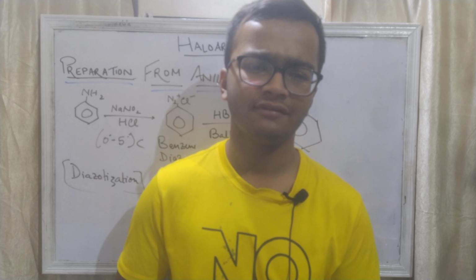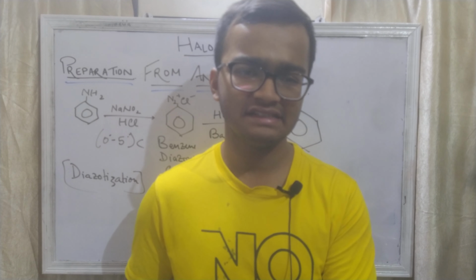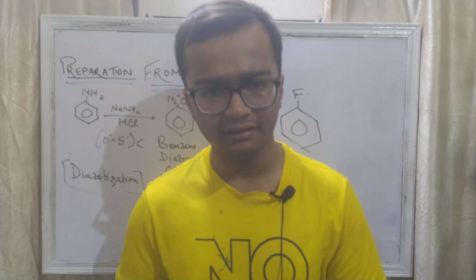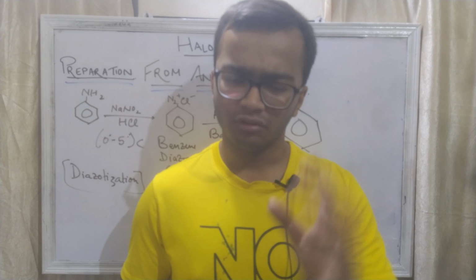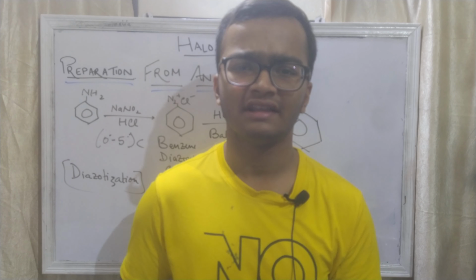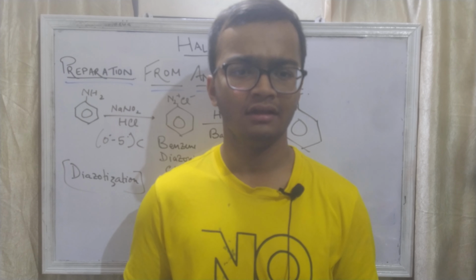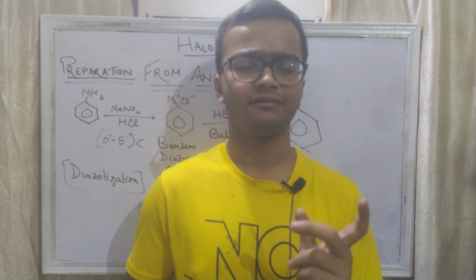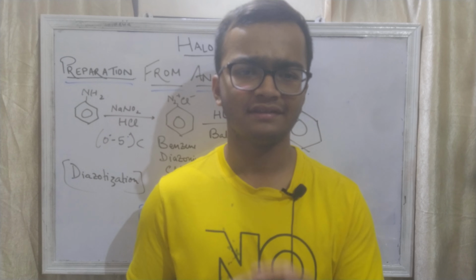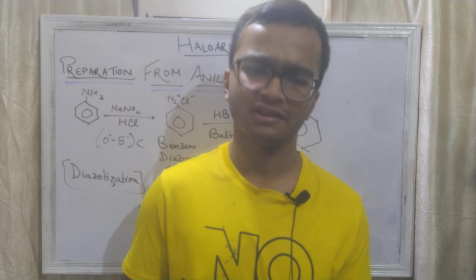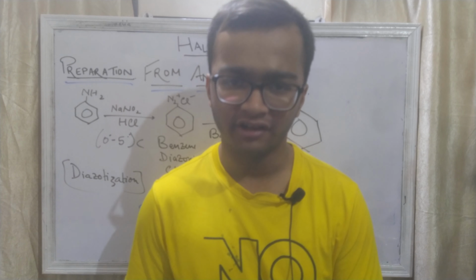Now if you treat it with Cu plus HCl, you get chlorobenzene, but this reaction is called the Gattermann reaction, where you are taking only Cu plus HCl. Now in this case, if you are taking Cu plus HBr, you are obtaining bromobenzene. This one is also called the Gattermann reaction.